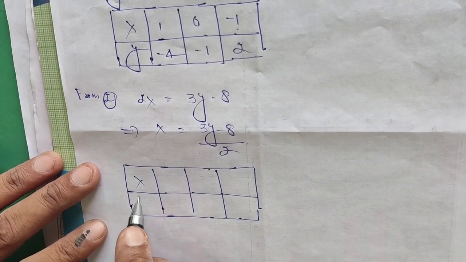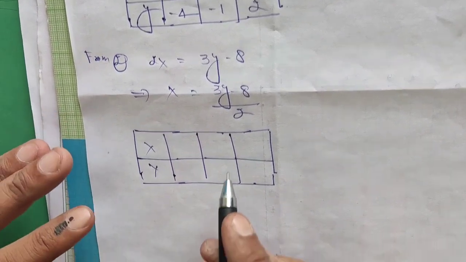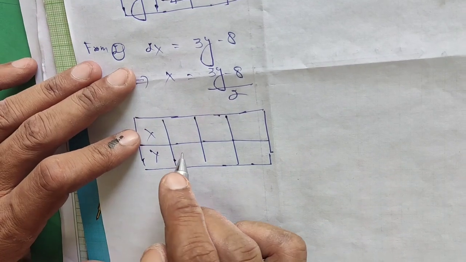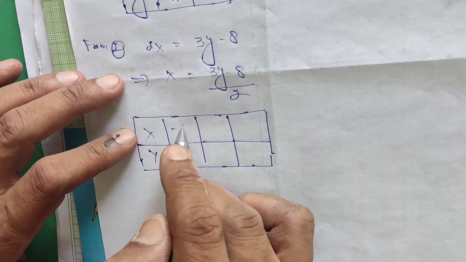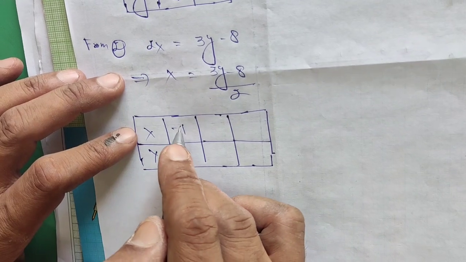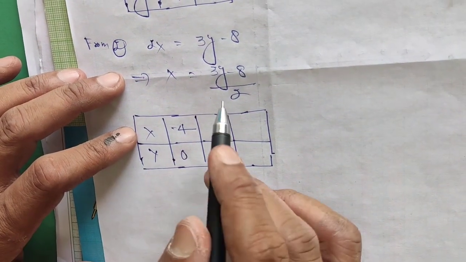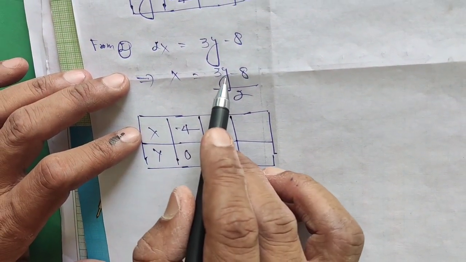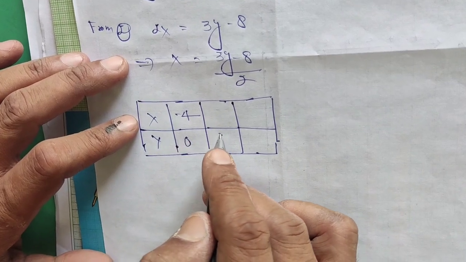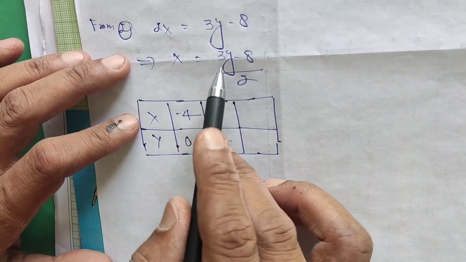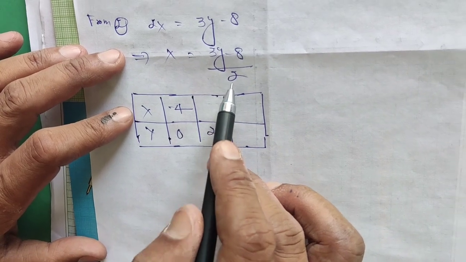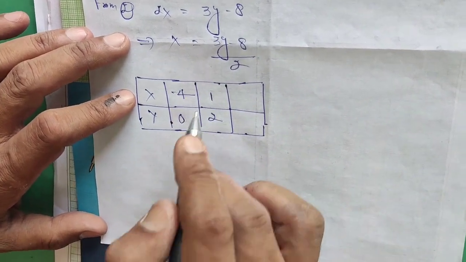x, y. First of all, we put y equal to 0, then x equals minus 8 over 2, that is minus 4. And when y is equal to 2, x equals (6 minus 8) minus 2 upon 2, that is minus 1.